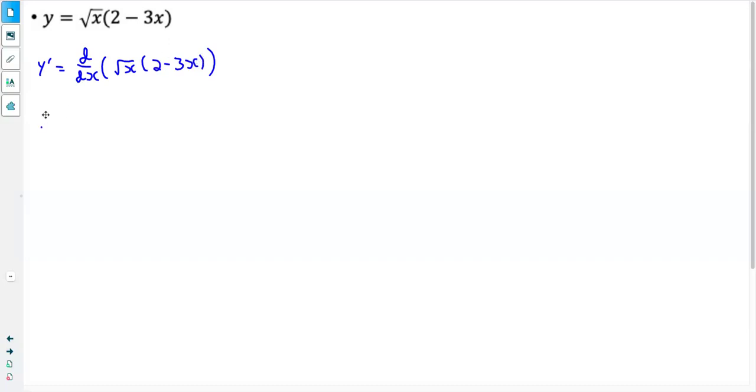We'll do the same thing as we did with the last one. We take the derivative of the first function, d over dx of root x, times our second function, 2 minus 3x. And then plus the first function, the square root of x, times the derivative of the second function, 2 minus 3x.